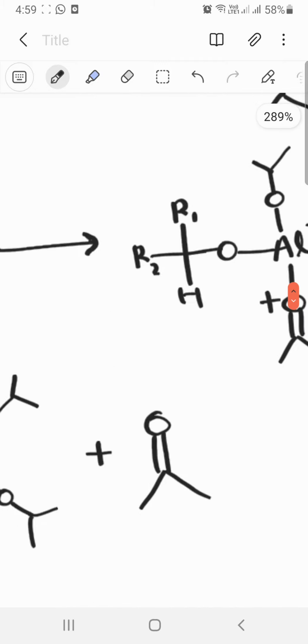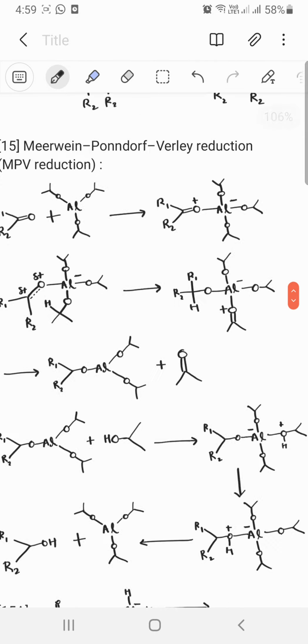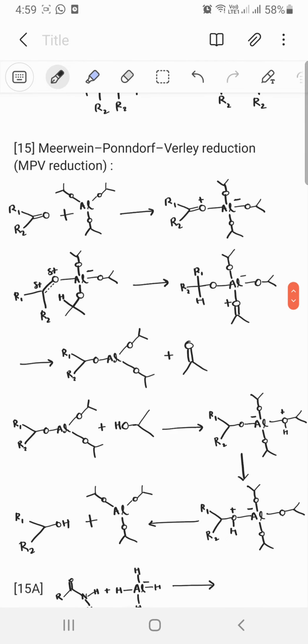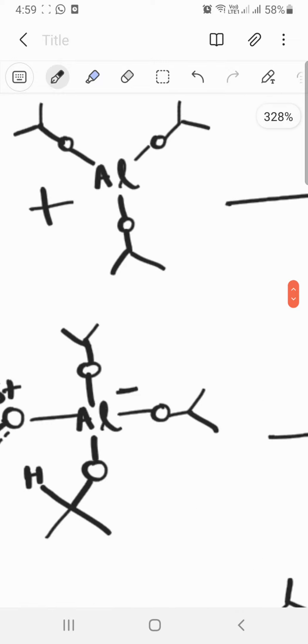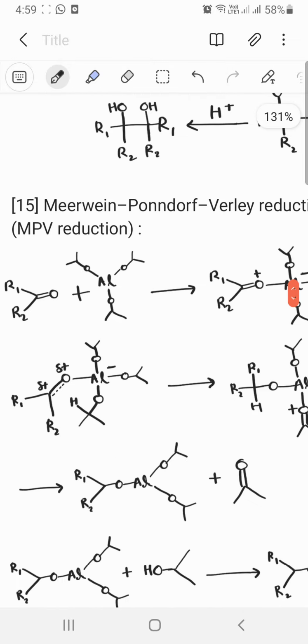So once that happens, you just get this thing, and from that you can get that. The major step over here is that this oxygen coordinates with aluminium.